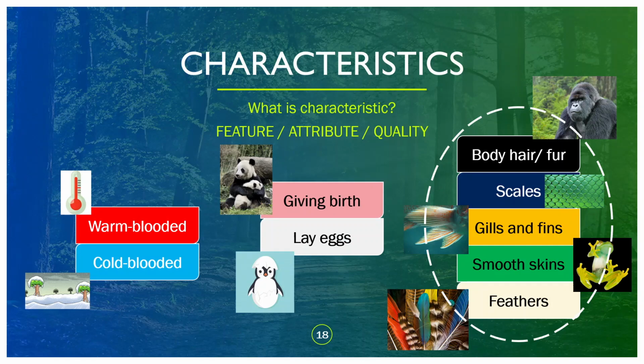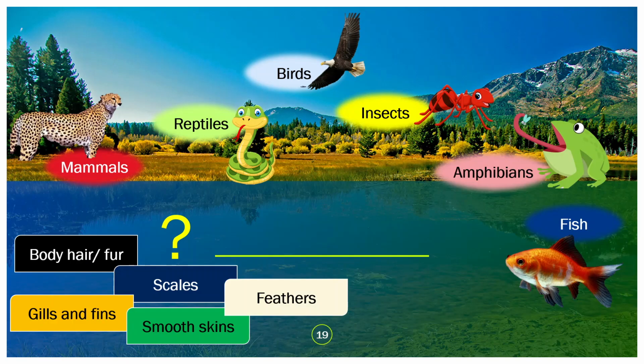Okay, now we go for the last segment, the physical appearance of the animals. Can you match who has the body hair or fur, who has the gills and fins, the scales, the moist and smooth skin, and also feathers? I think the easiest is feathers, right?